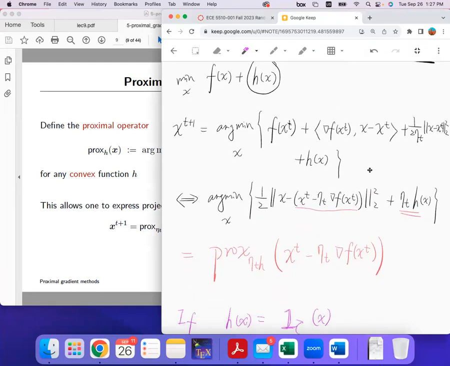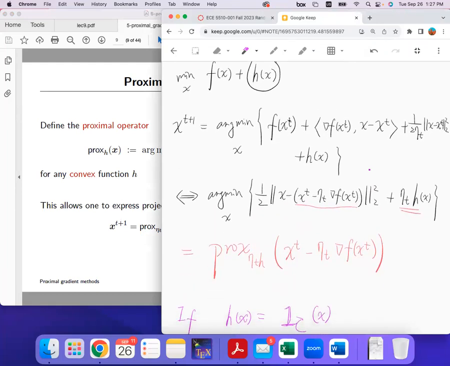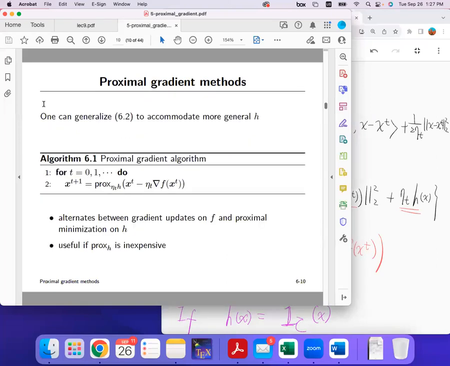So this proximal gradient algorithm is a more general framework to handle these composite optimization problems, and it covers constrained optimization as a special case. By its form, it's very simple. First you do a gradient descent update, you get that point.